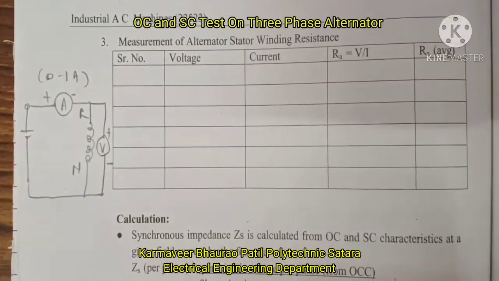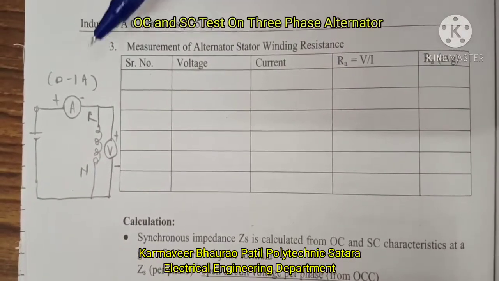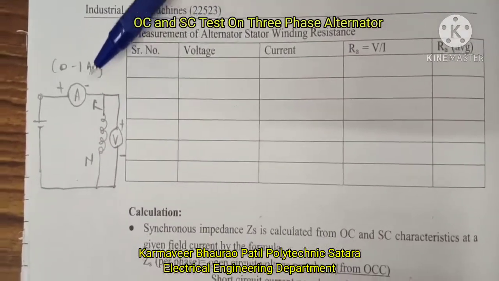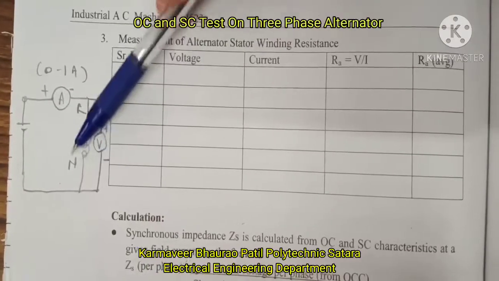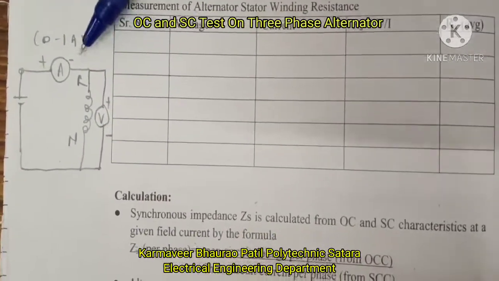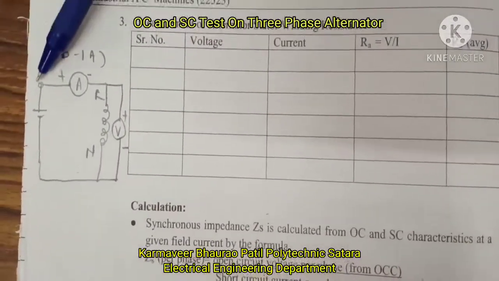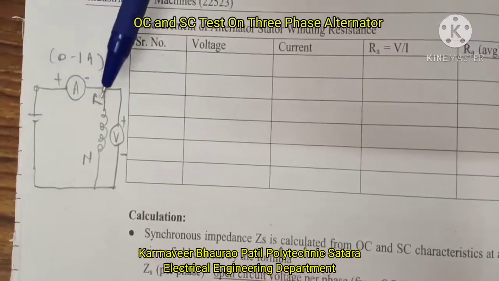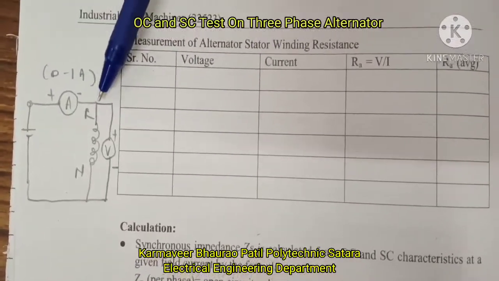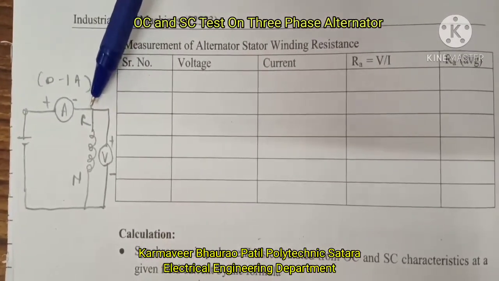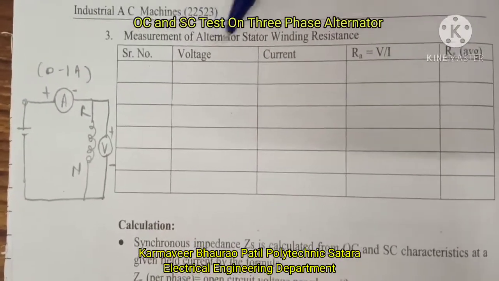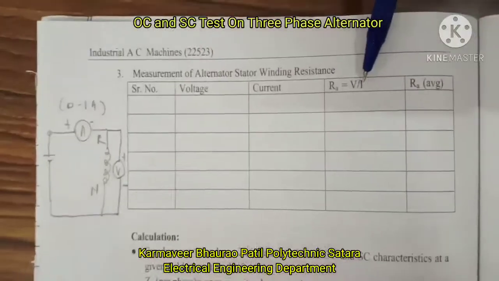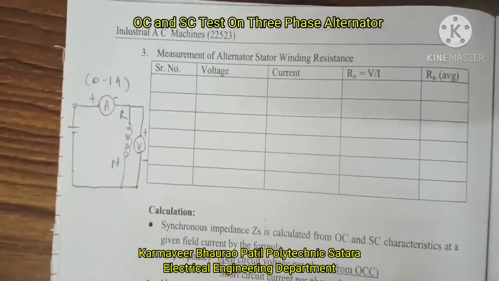For that we are using one of the stator winding terminals, R and N, which will give the resistance of the R phase. We are connecting a separate DC supply, and from the DC supply we give some input voltage so that this winding takes some current, and then the ratio of voltage to current will be the resistance of the winding. So what are the connections?